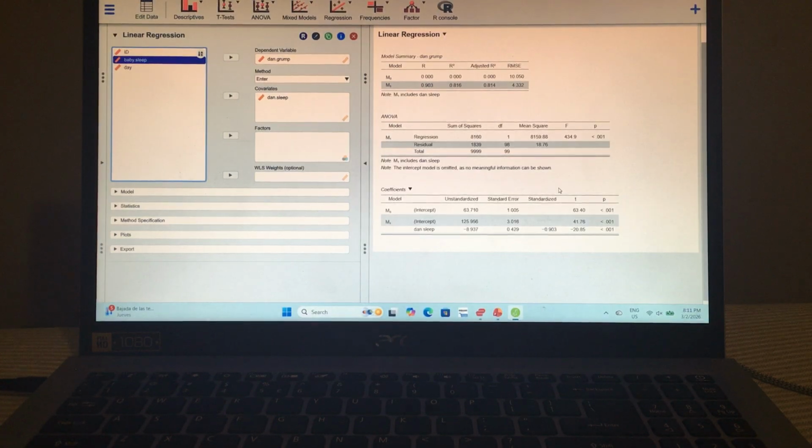Second, we could conduct a hypothesis test to determine if the slope is different from 0. This tells us if the independent variable is doing anything to predict the dependent variable. The null hypothesis is that the slope, beta 1, equals 0, and the alternative hypothesis is that the slope is not 0.